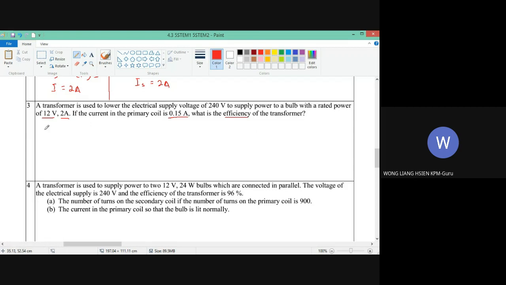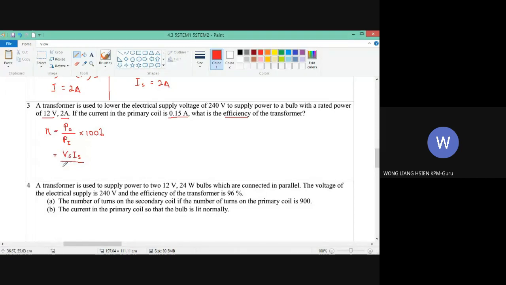They want us to calculate the efficiency of the transformer. So how to calculate efficiency? Efficiency is power output over power input times 100%. So how do we calculate the power output? That means we take the voltage in the secondary times the current in the secondary. I write out the equation first. Voltage secondary times the current in the secondary, because power equals voltage times current.